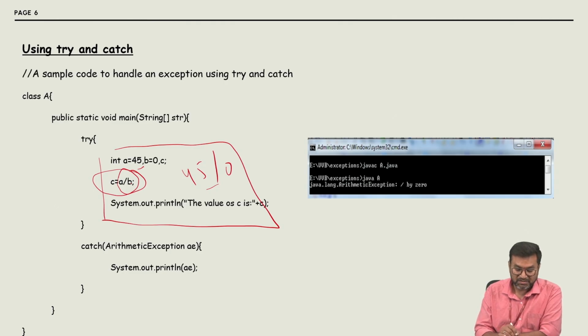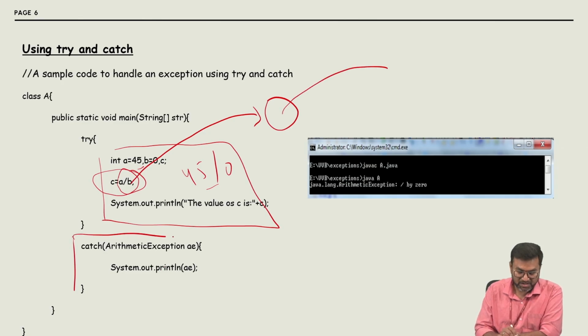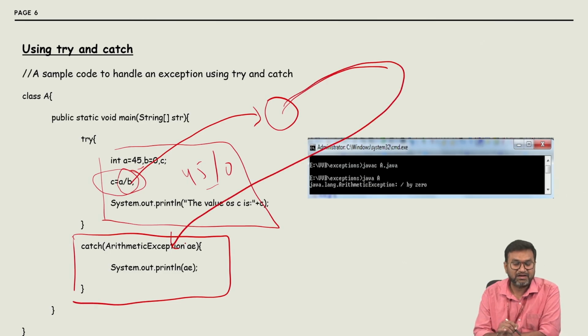But during execution, at the time of evaluation, the JVM cannot handle the situation 45 divided by 0. Immediately the JVM creates an exception object and throws it to the handler. Are you providing a handler in this code? Yes, I am providing my catch block. So this object is going to be received by this handler, and he processes it. The processing task we write inside the catch block. Whenever you receive an exception object in the catch block, whatever you want to do, you can write inside the catch block.